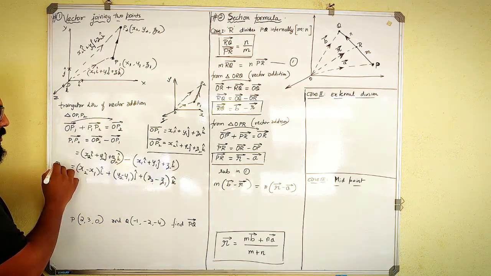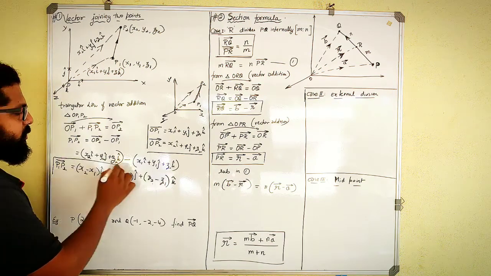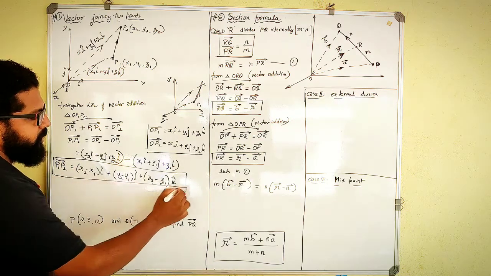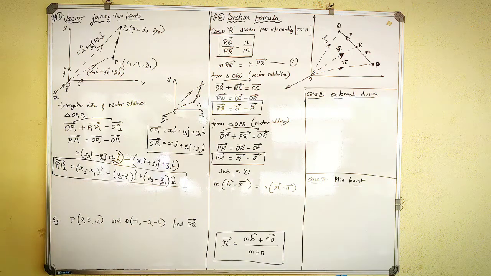So this is the formula for the vector joining 2 points, in the component form.